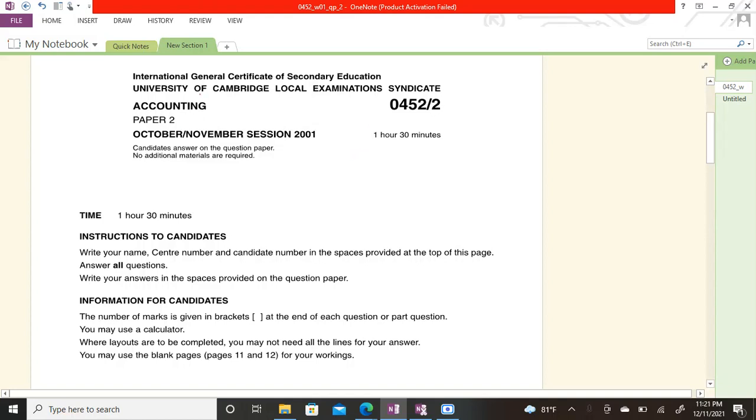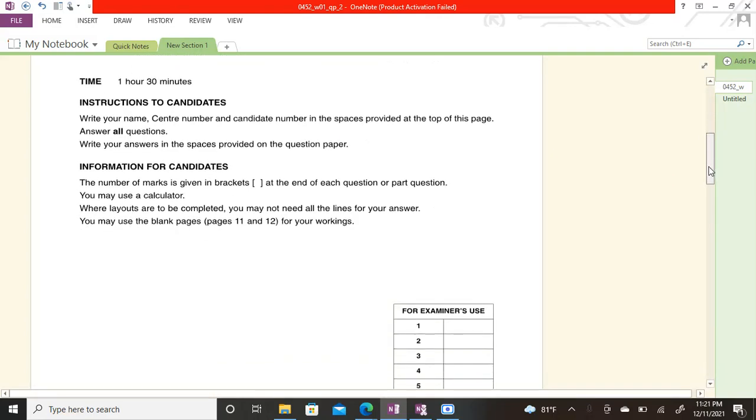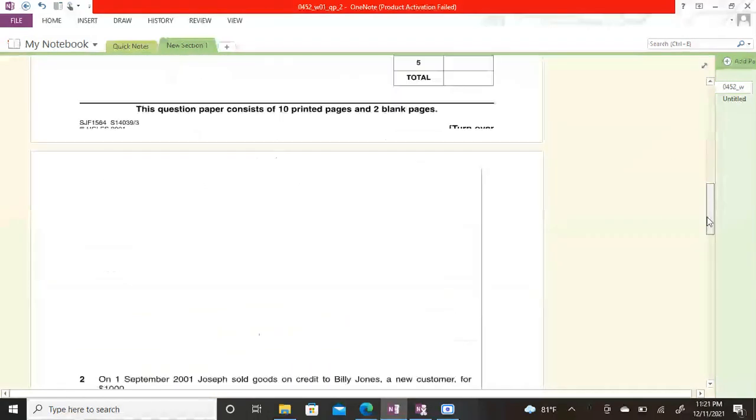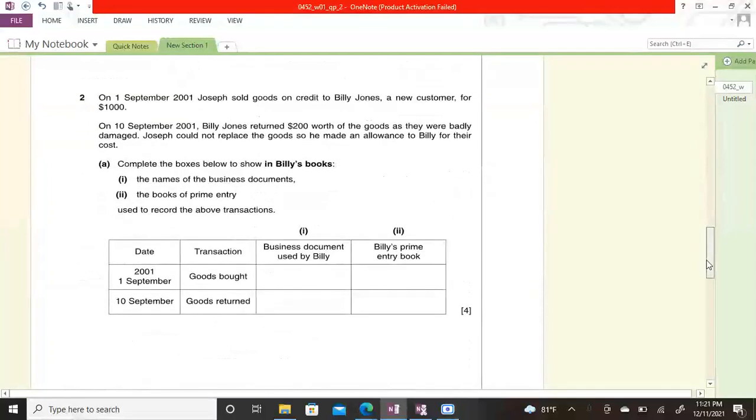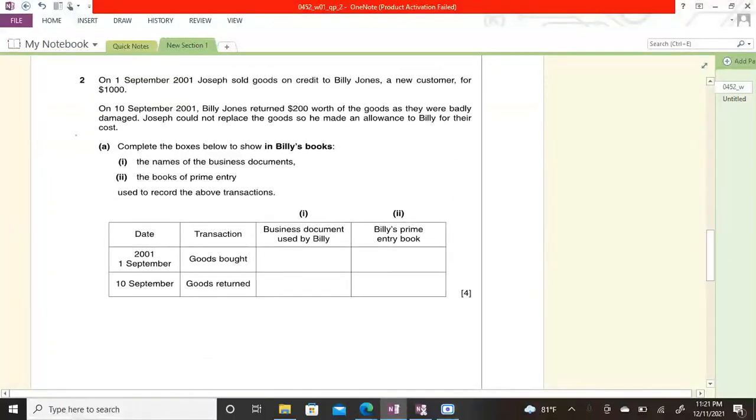Today, with another past paper, accounting, paper 2, paper code 0452/2, November 2001, and the topic is Sales Journal or Sales Day Book. Question number 2. On 1st September 2001, Joseph sold goods on credit to Billy Jones.